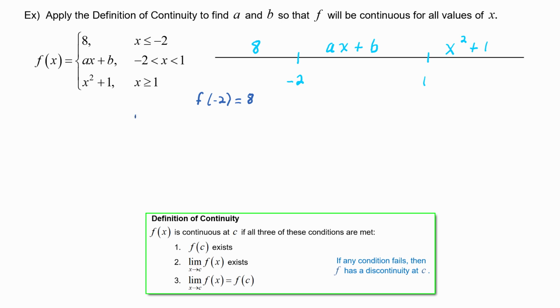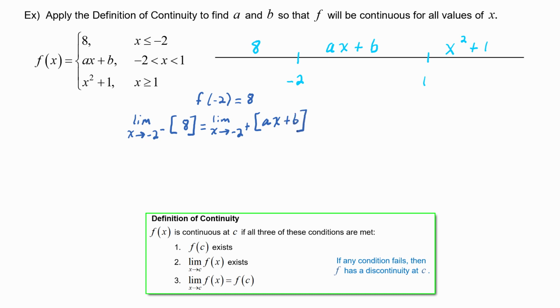So if we look at the limit as x approaches -2 from the left, that means we are using this piece of the function, which is 8. That's going to have to equal the limit as x approaches -2 from the right, which is using this piece of the function, ax plus b.